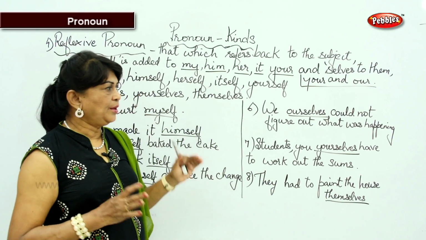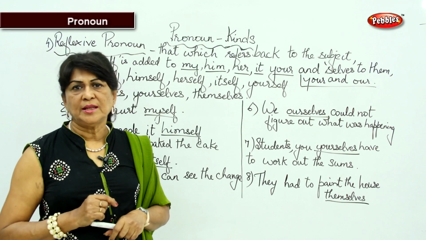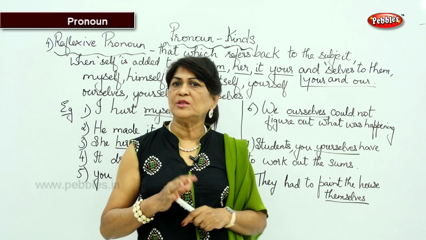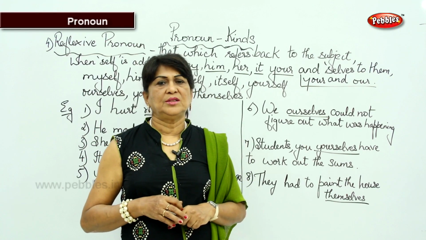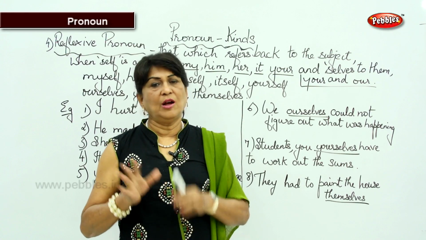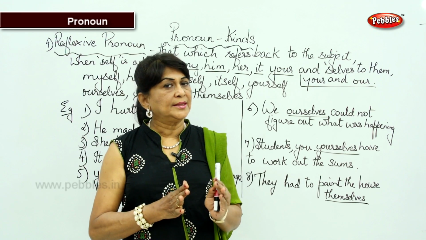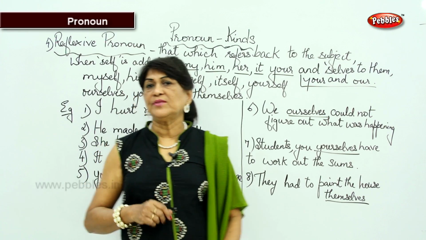Now, this is the way you should use the reflexive pronoun, but sometimes there are people who use it the wrong way. Like for example, "she itself didn't know." How can she become it? Isn't it? So, that is wrong. "She itself" is wrong.